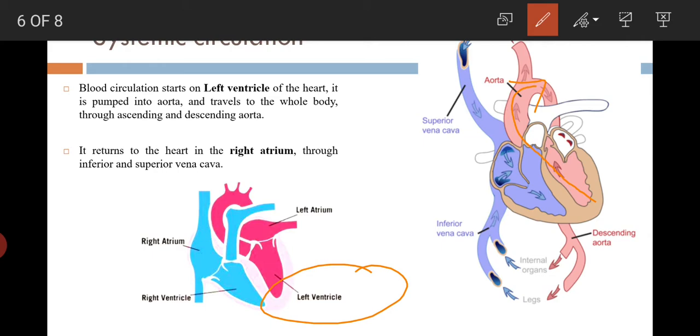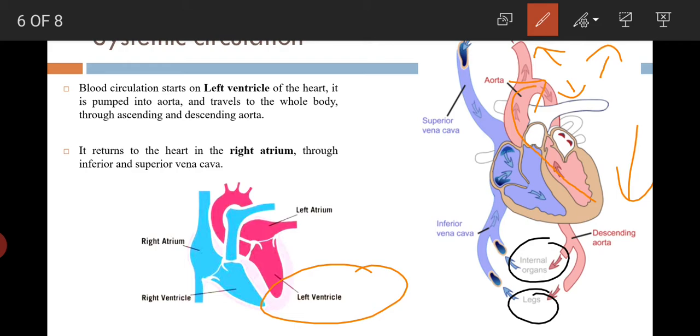The aorta then branches into the ascending aorta and the descending aorta, and the blood is transported to the upper parts and the lower parts of our body. The blood which contains oxygen is transported to all the cells.